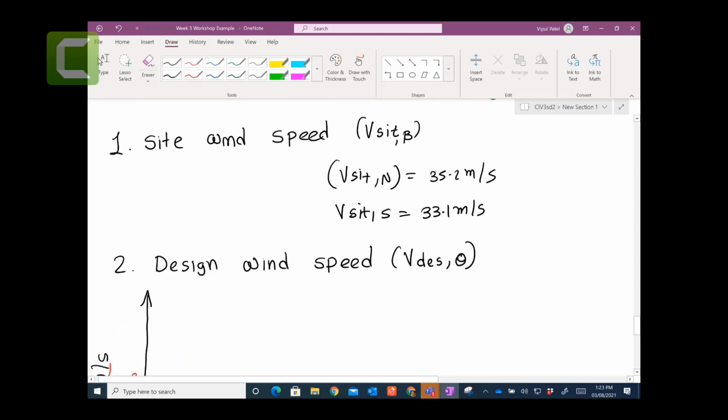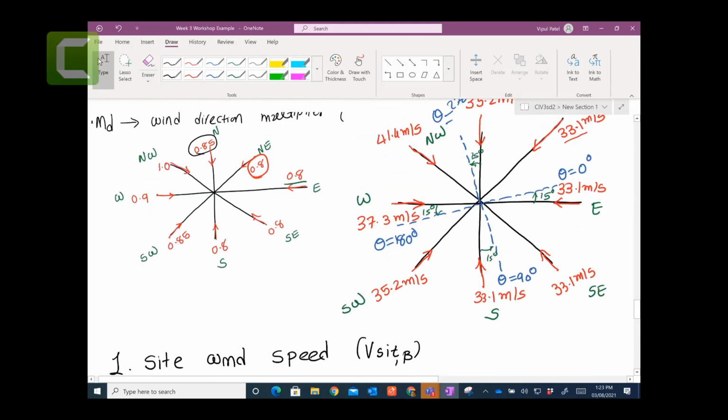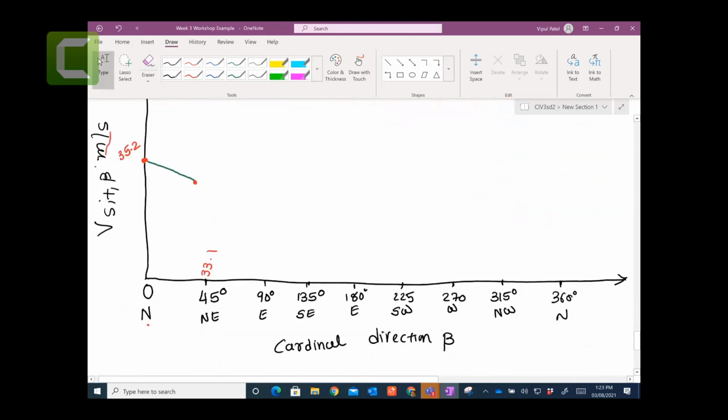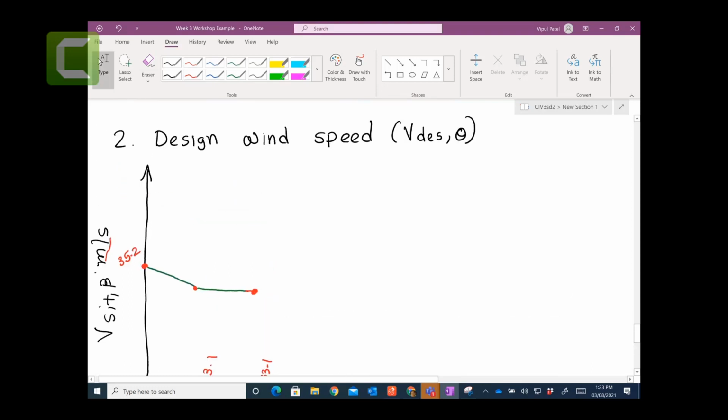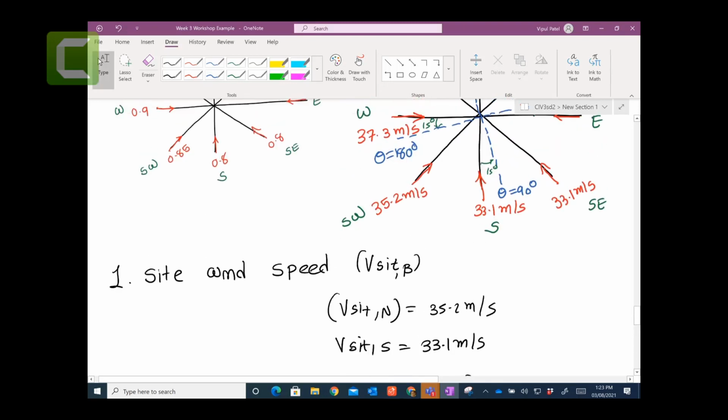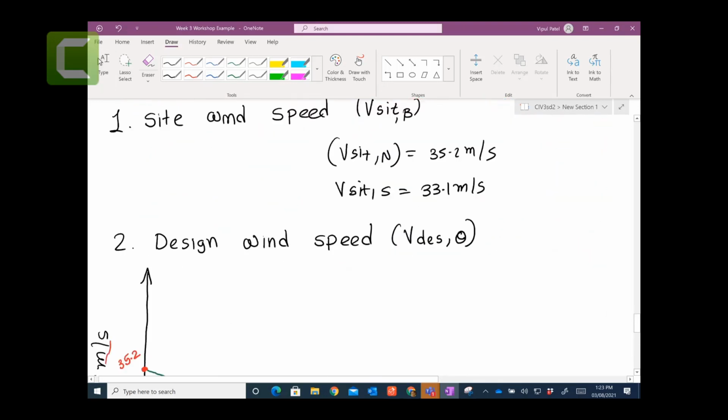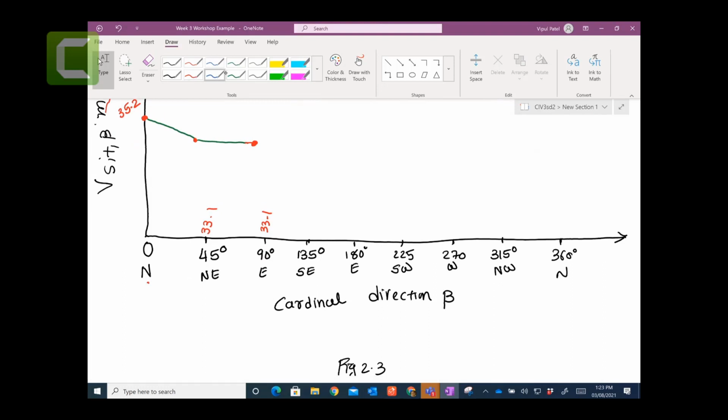Then east is 33.1 again. So we go horizontal line, 33.1, and that is 33.1 as well. We're going to put it up there, but I don't want to create a lot of traffic, congestion there. Make it nice and clear. So southeast 33.1. So draw a horizontal line, southeast, and then you have 33.1 meter per second.